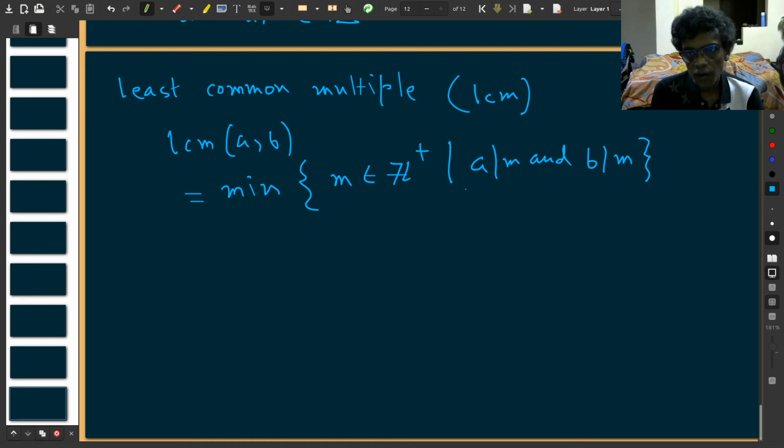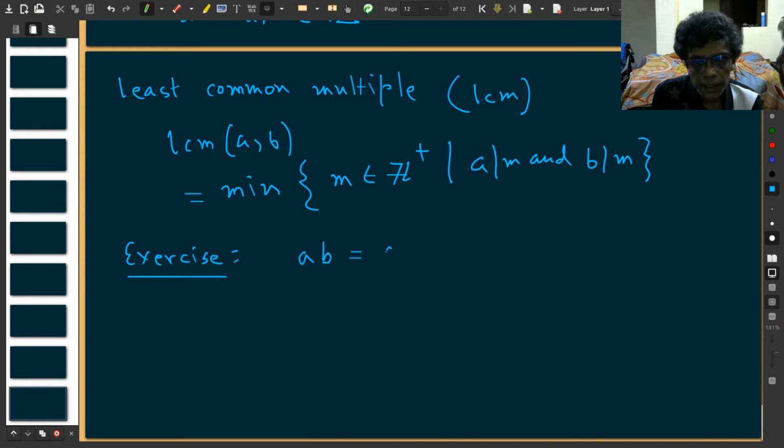Now, why is this set non-empty? Because, for example, it contains the product AB, which is a common multiple of A and B. Therefore, once again, by the well ordering principle, this has a minimum element, that is the LCM of A and B. Okay, so I leave it to you as an exercise to prove that AB is equal to GCD(A, B) times LCM(A, B).